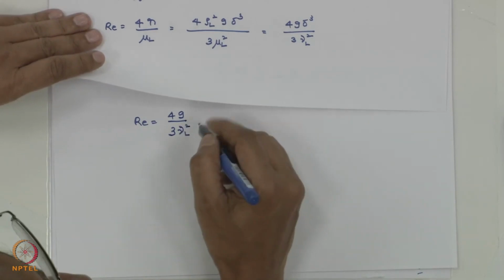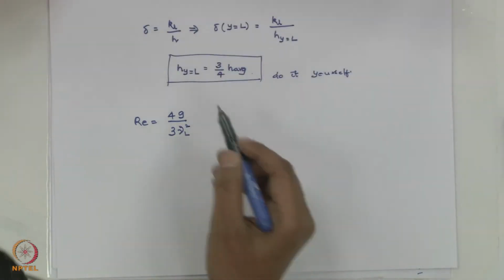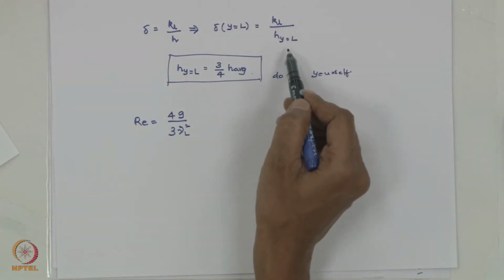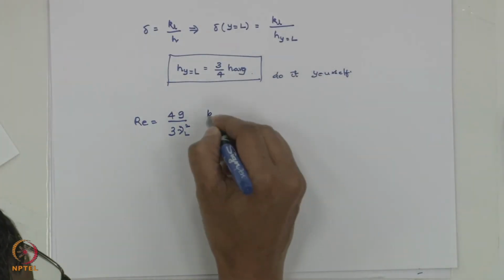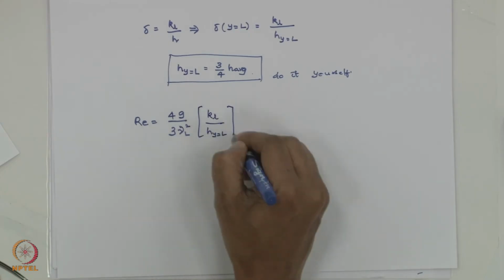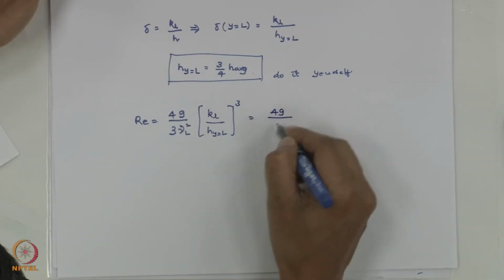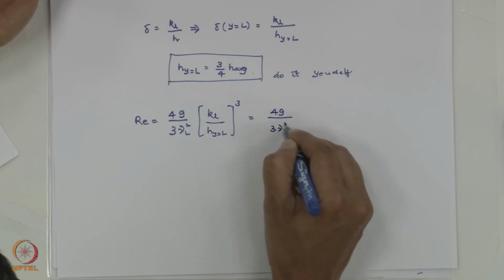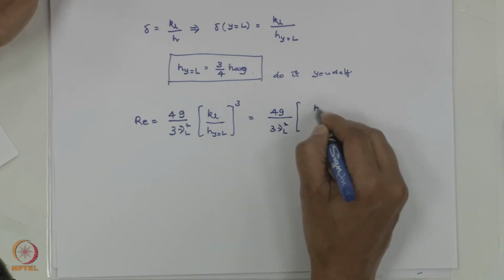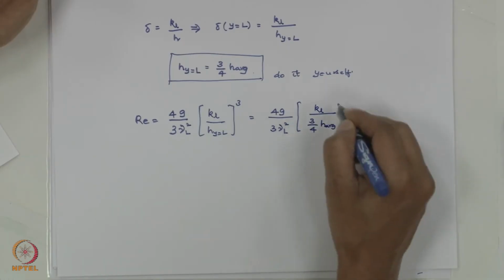Delta cube is K L by h at y equal to L, cubed. So if I substitute, 4 g by 3 nu L squared into K L upon 3 by 4 h average, cubed.